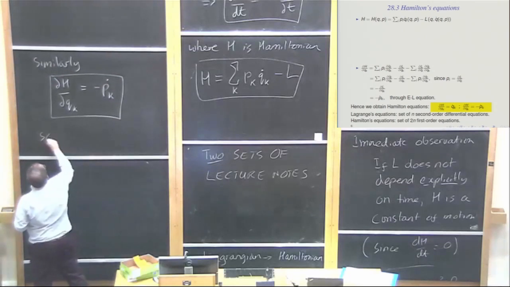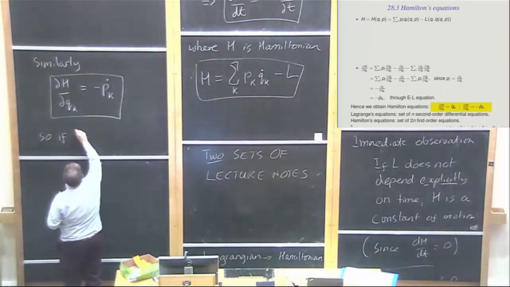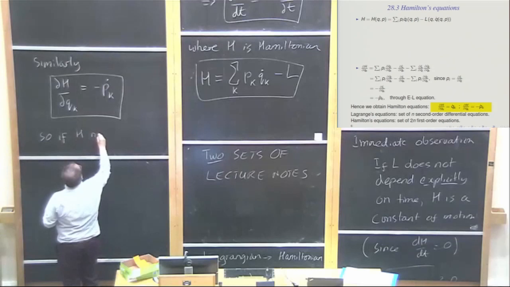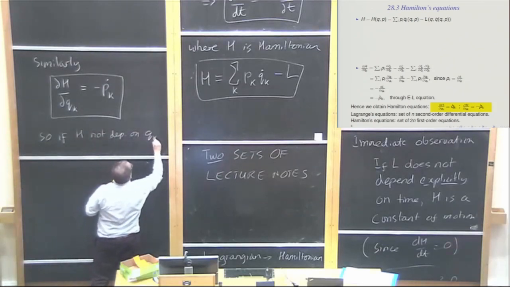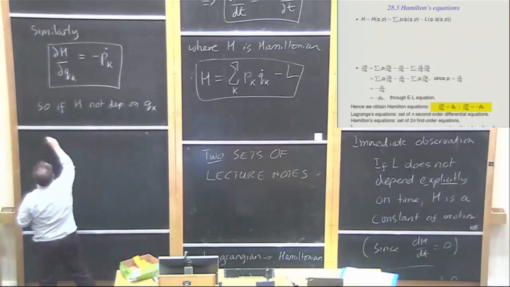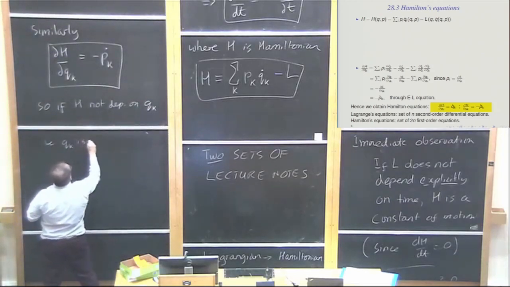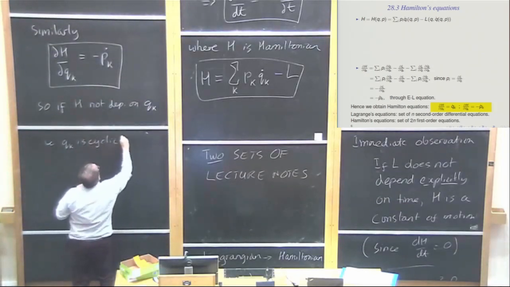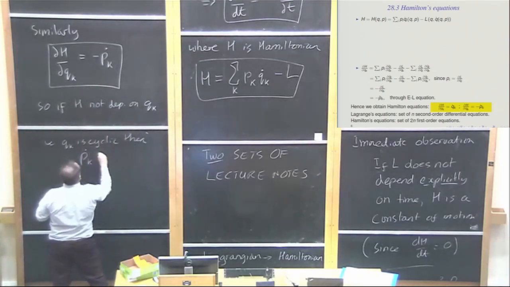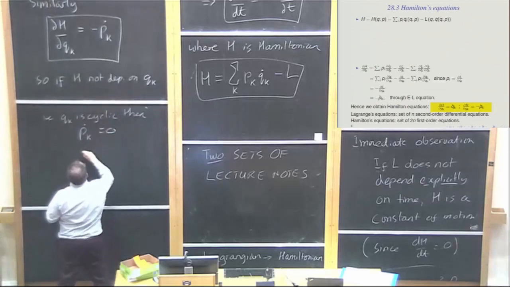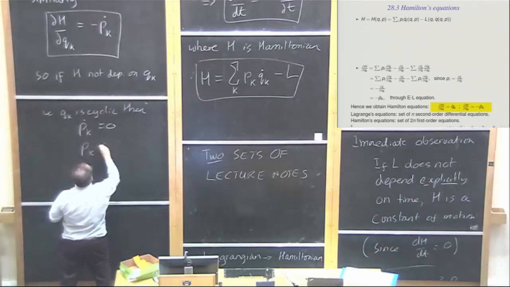So if H is not dependent on qk, i.e. qk is cyclic, then pk dot equals 0, and pk is conserved.